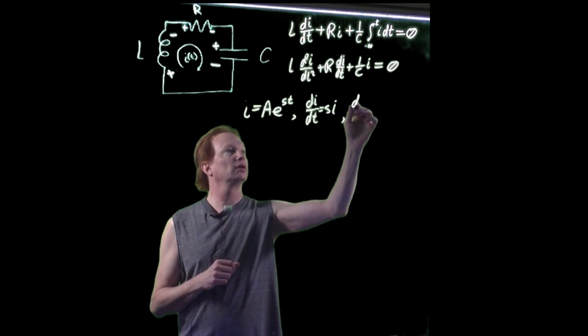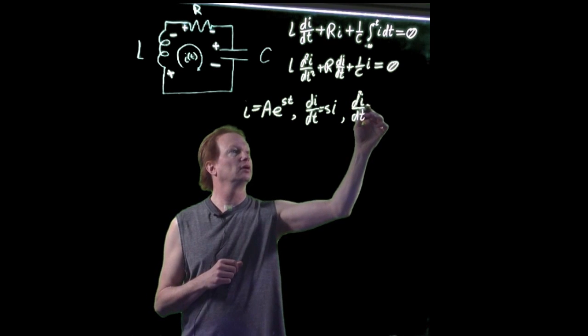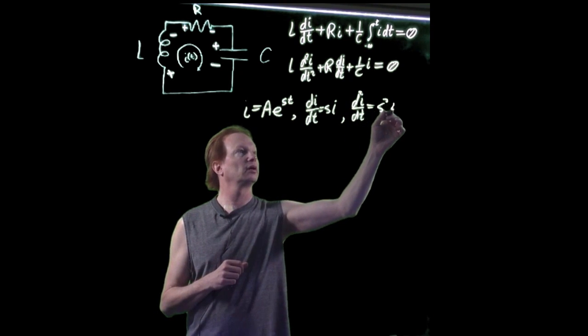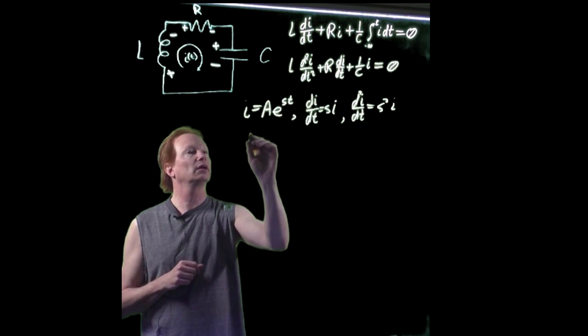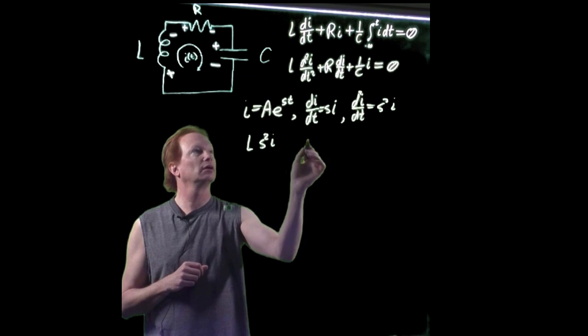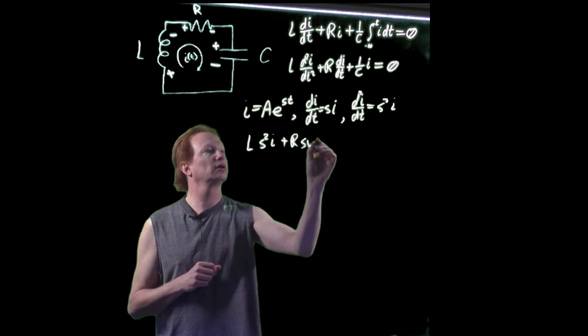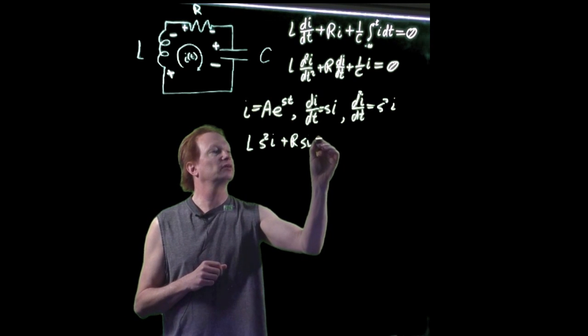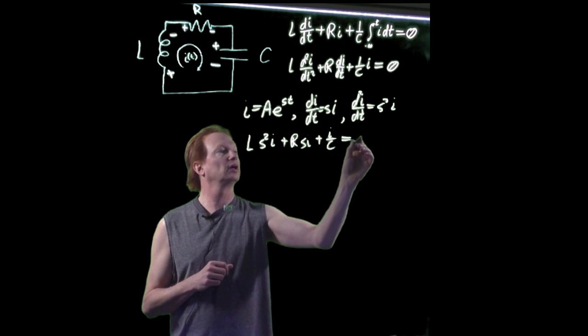Do it again, another s comes out, so d squared i/dt squared equals s squared i. So we end up with L s squared i plus R s i plus i over C equals 0.